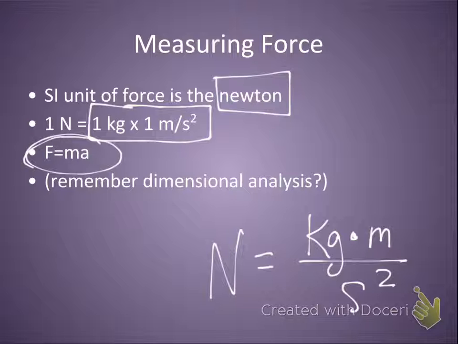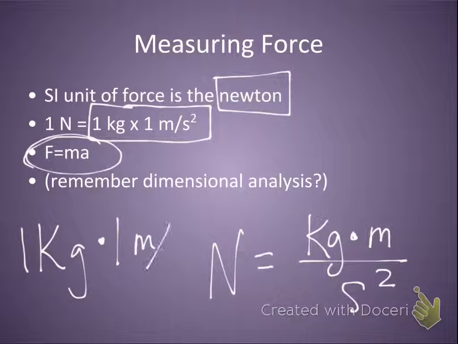So if we do dimensional analysis, knowing that F equals ma, 1 Newton of force is the amount of force that it takes to get 1 kilogram of mass to accelerate at 1 meter per second squared.